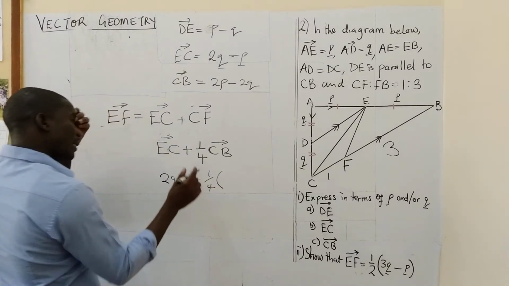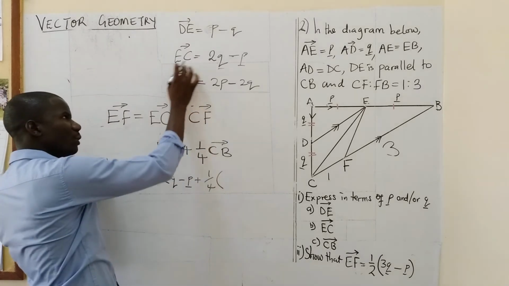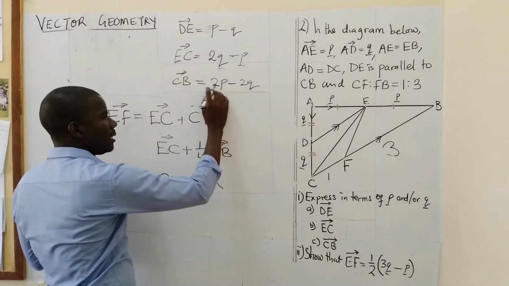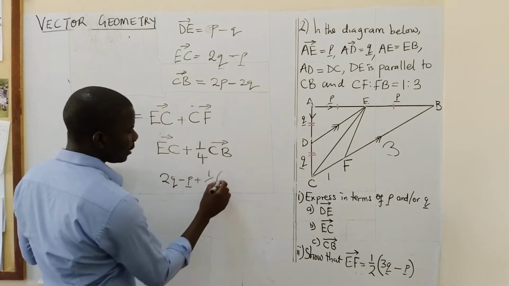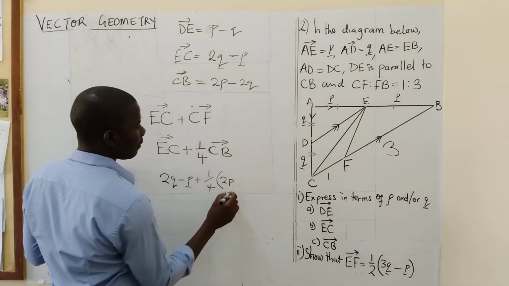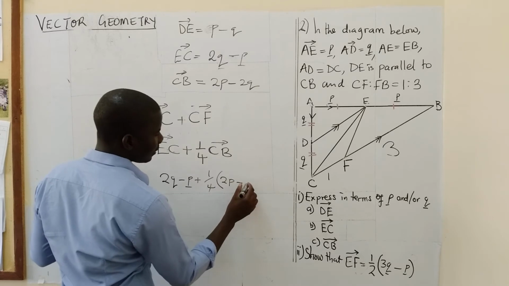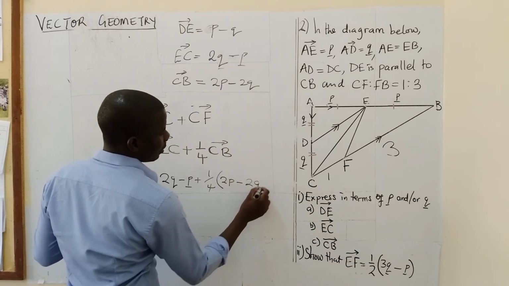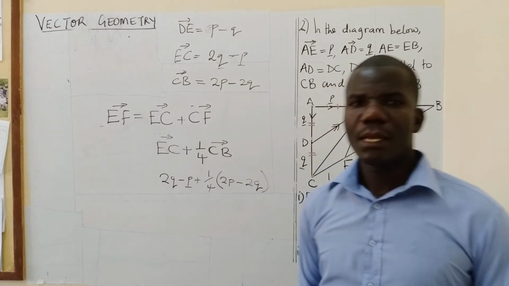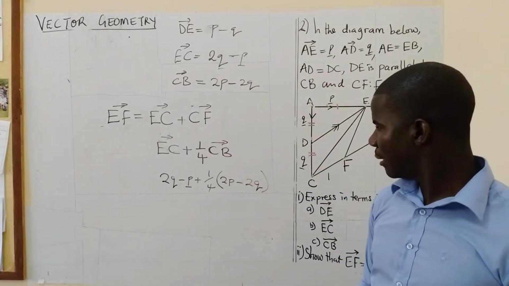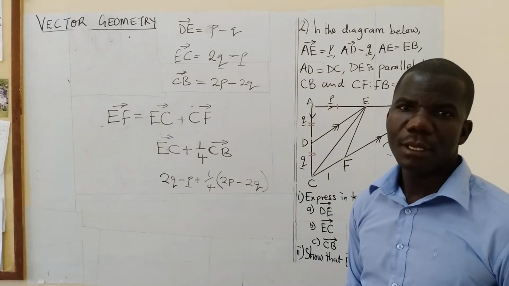I can put in brackets CB. CB is what we got here, take note of that. CB is what we got here as 2p minus 2q. Are we together? I hope you are following and you are with me here.